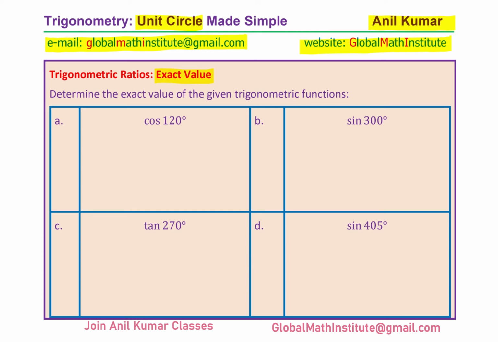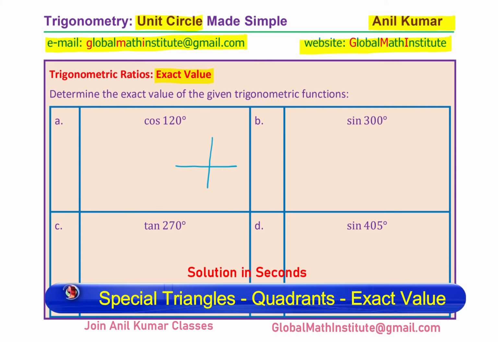Now let's try to understand how we find the value of cos of 120 degrees, and then we'll take the others one by one. So cos of 120 degrees, you need to place this on the coordinate plane. 120 degrees is an angle in the second quadrant, right?